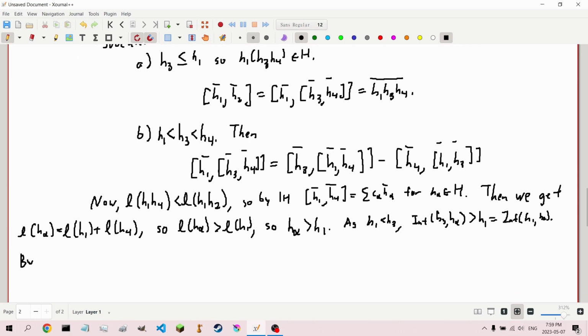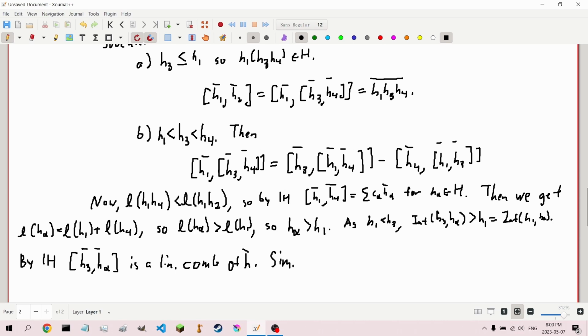By the induction hypothesis, we see that H3 with H alpha, these are the images of course, is a linear combination of H's.